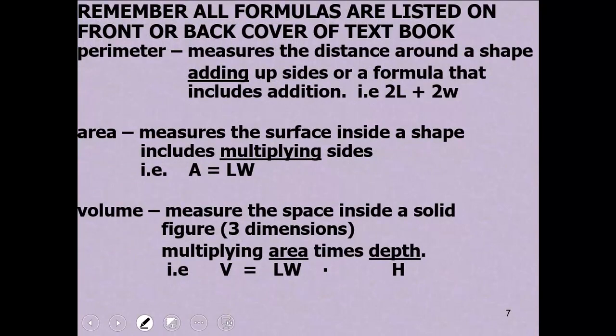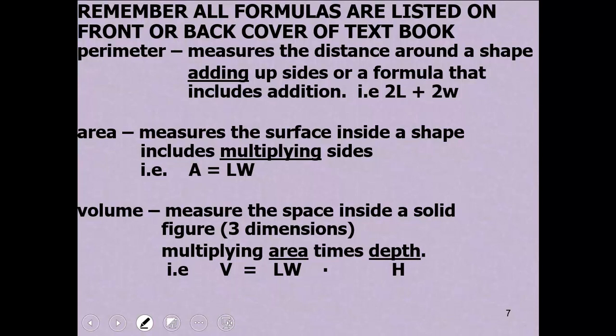Again, remember that all your formulas are listed in the front or back cover of your textbook. Perimeter is a measure of the distance all the way around something. So if you're looking to enclose something, like a yard, or if you're looking to run a border paper around a room, that would all be perimeter.